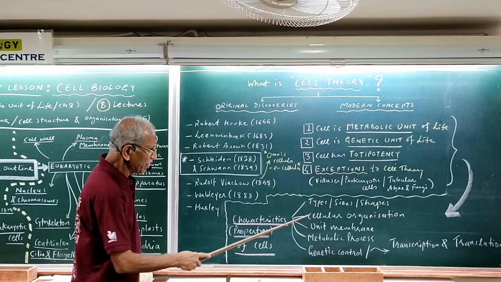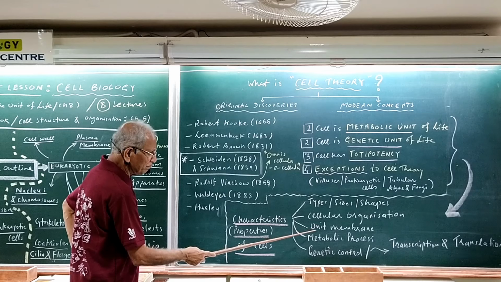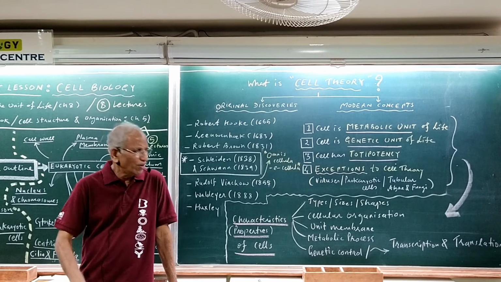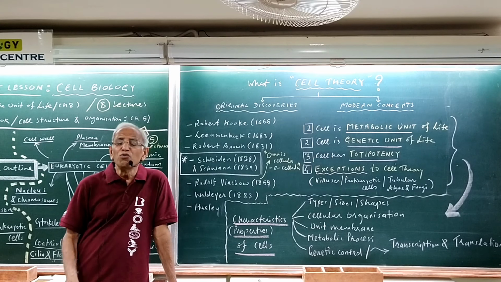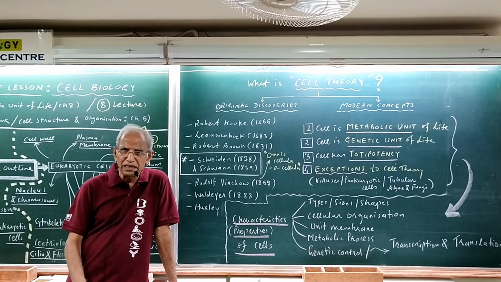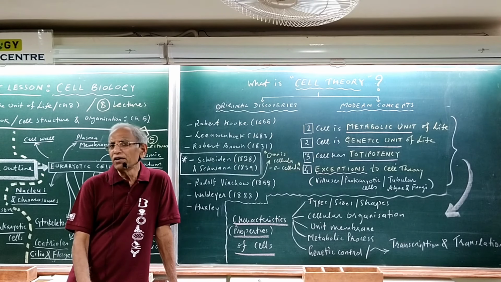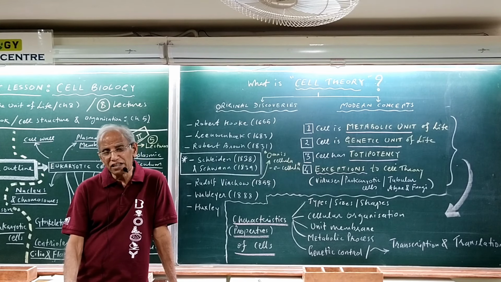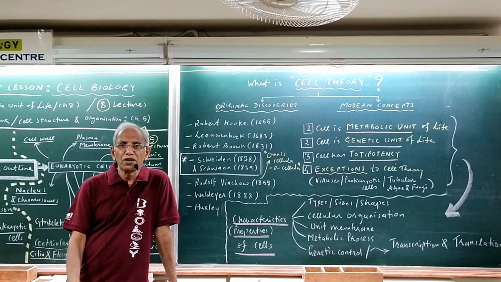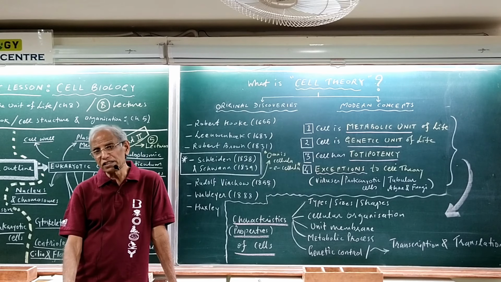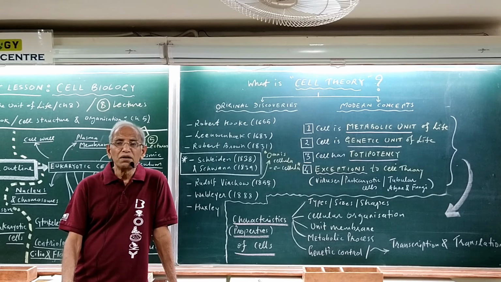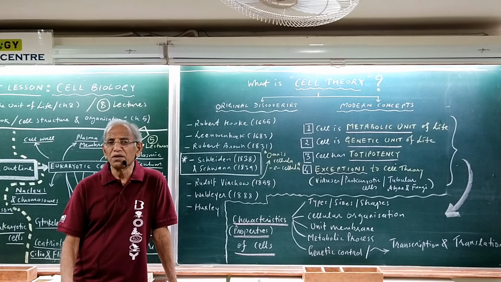There are some more things. The cells have a unit membrane. What is the concept of unit membrane? We are going to learn all this in detail in the lesson. You have heard of the cell membrane, whether it is a bacterial cell, that is prokaryotic, or a eukaryotic cell, that of animals or plants. Please understand, membranes are very important.